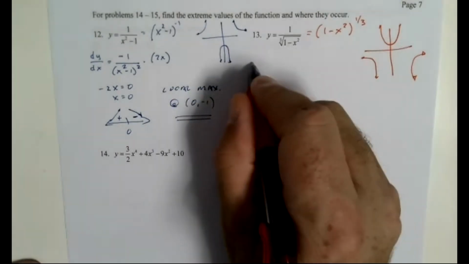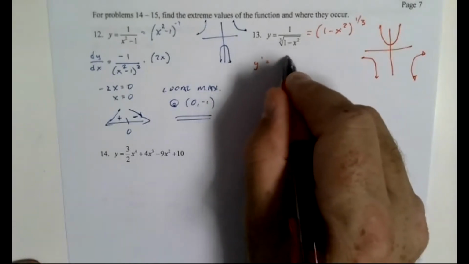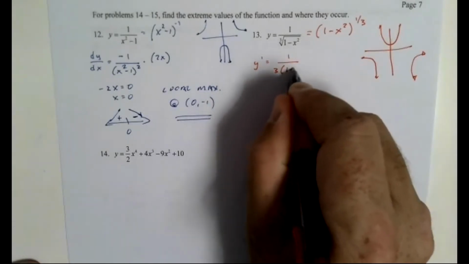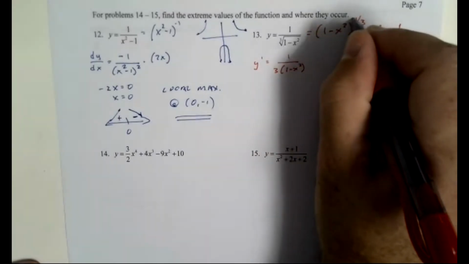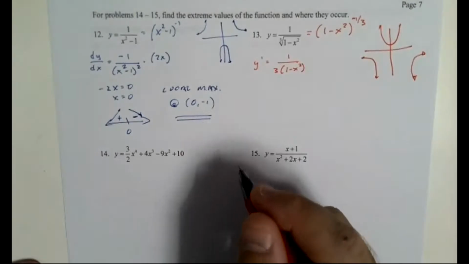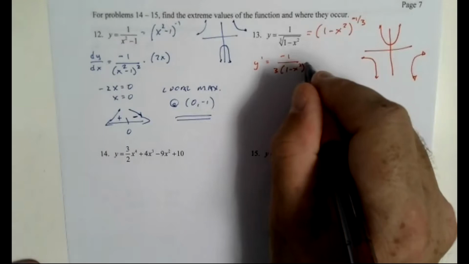So y prime equals 1/3, 1 minus x squared to the negative 1/3, very naughty. Negative 1/3 to the 4/3.